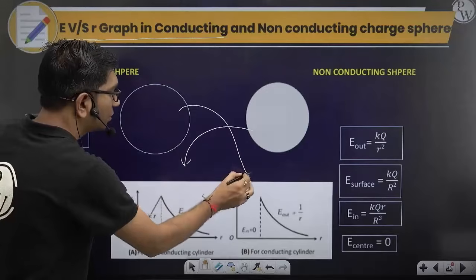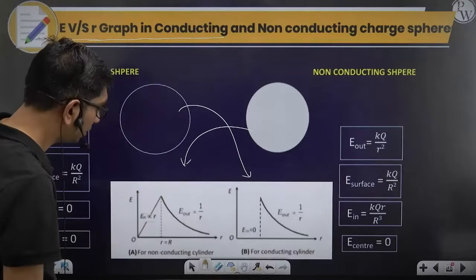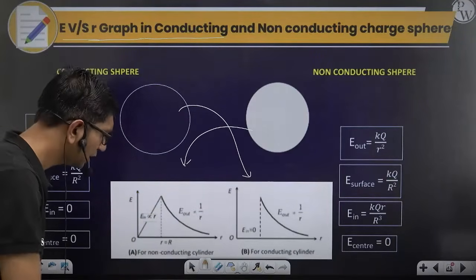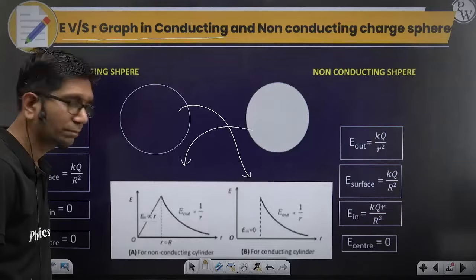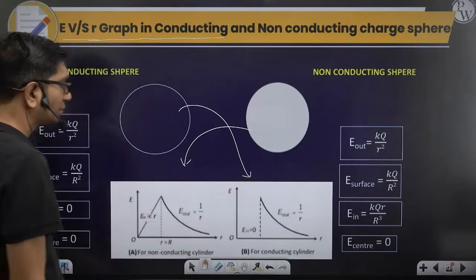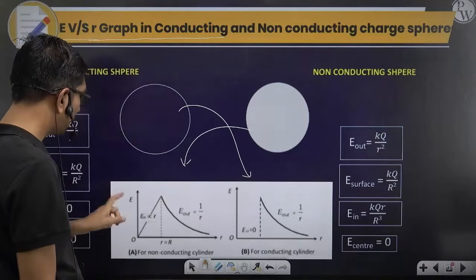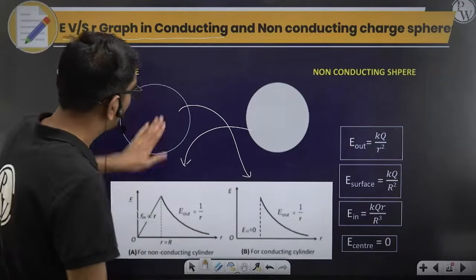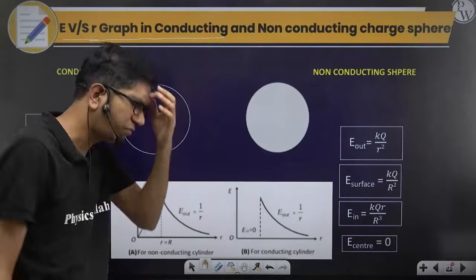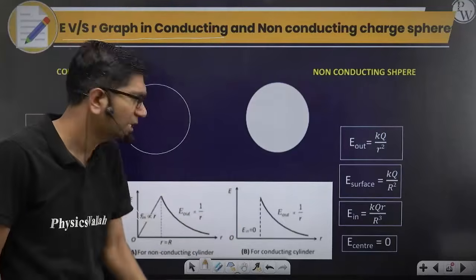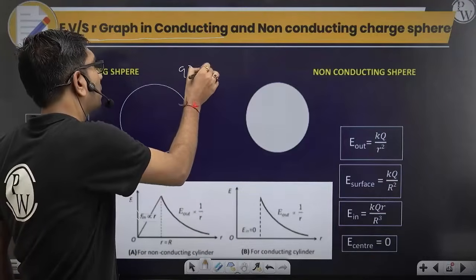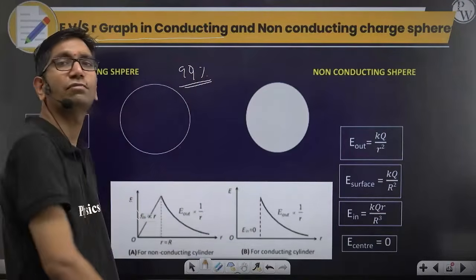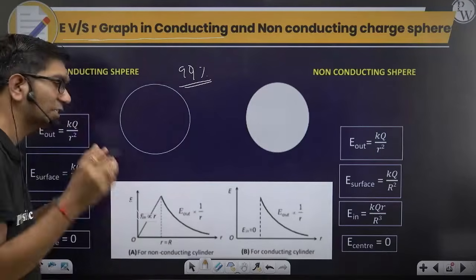So it went wrong, but here they have mentioned. See here, this is very important, beta. 99% he will ask you the graphs only.